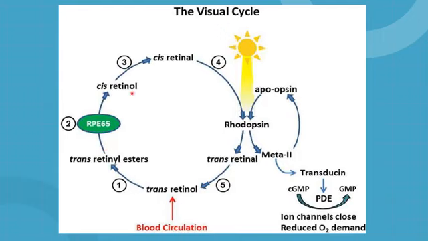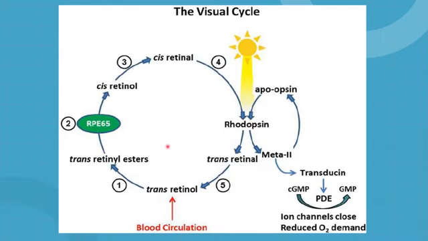And finally 11 cis retinol will be generated by oxidization, and this is taken back into the photoreceptor layer to regenerate the photosensitive pigment, that is rhodopsin. So cis retinol combines with opsin to form the rhodopsin.